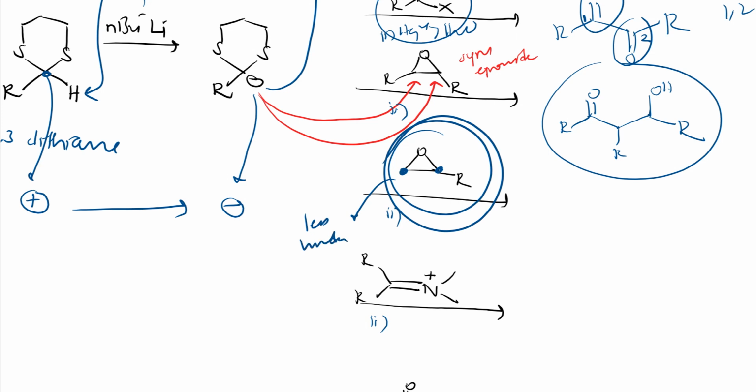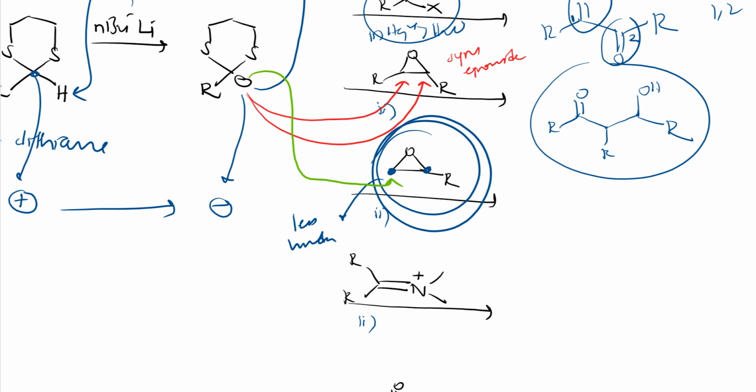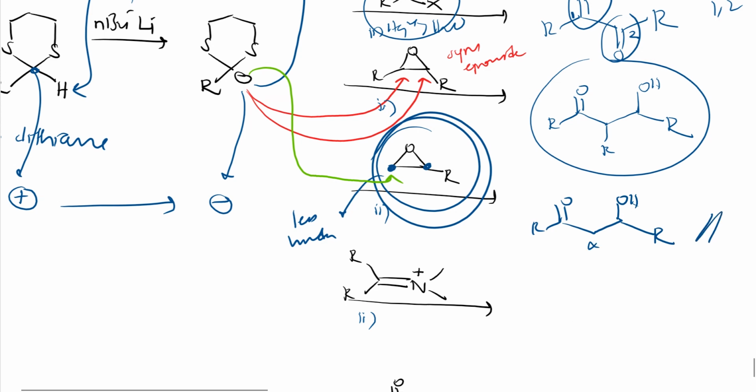So the nucleophile will attack this carbon, which is less hindered. So ring opening happens and I'll get this product only. See, R CO from this carbon, ring opening. So OH will be here and R will be here. So this product I will get. If you number, alpha beta, I will get a beta-hydroxy ketone.